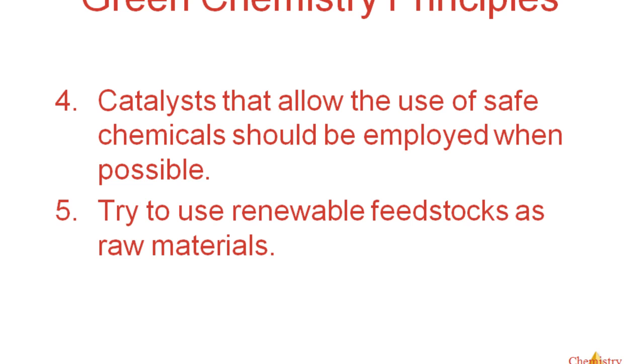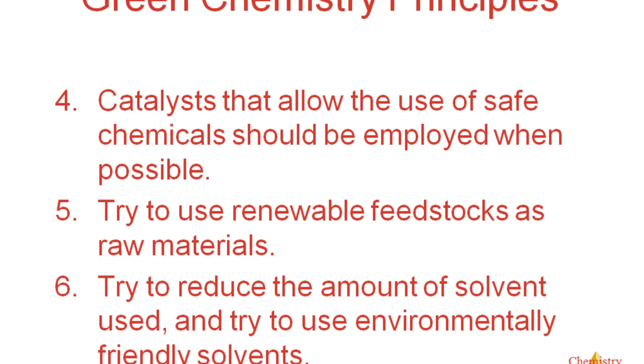Another major point: try to reduce the amount of solvent used and try to use environmentally friendly solvents. Solvents are one of the big industrial wastes we create, mainly the organic solvents, like acetone, benzene, all that stuff.